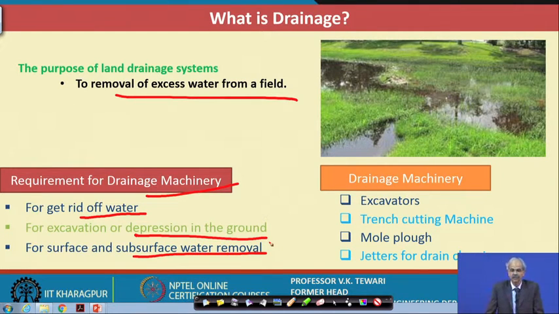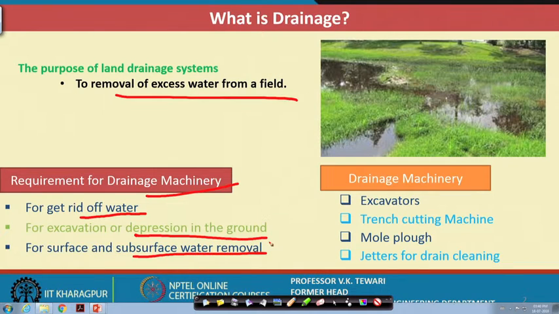I am not dealing with that as such, because my other friends in soil and water engineering have more knowledge about irrigation systems and the equipment used for them. But as an agricultural engineer, a farm machinery person, or a person responsible for maintenance of drainage systems and reclamation of land, one must definitely know something about surface and subsurface water removal.